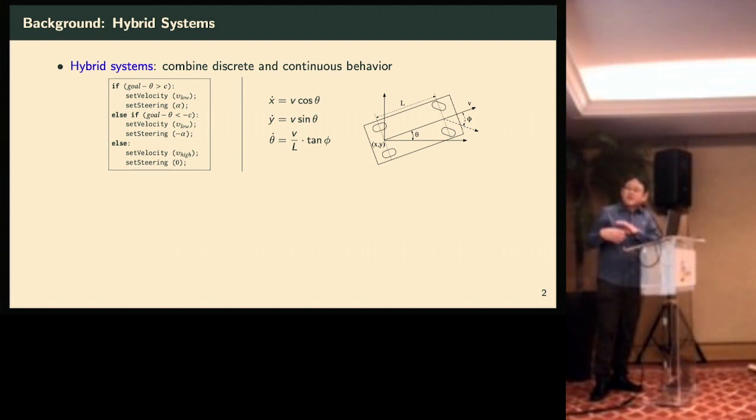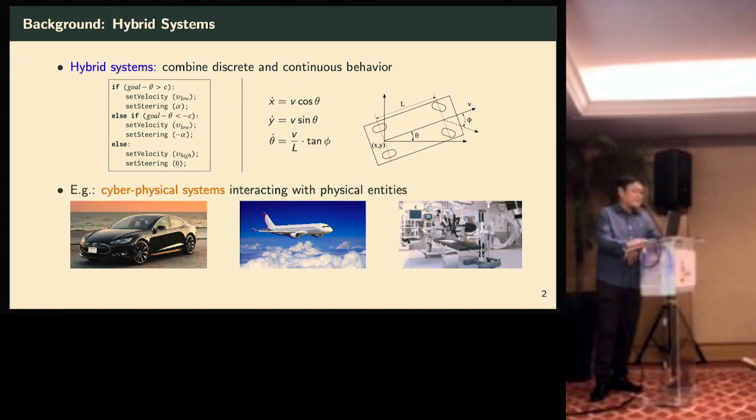the discrete part could be just the usual program or transition system, and the continuous part would be represented by some continuous functions or ordinary differential equations and so on. Of course, Peter already introduced cyber-physical systems, one example of hybrid systems.